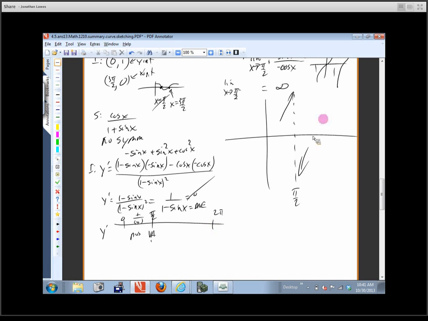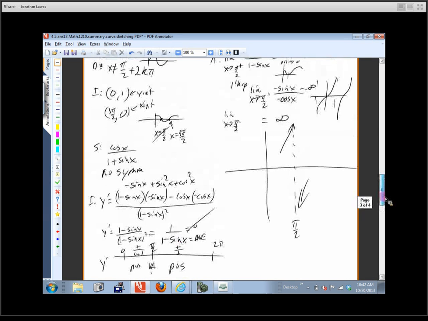What would we guess it is? If we plug in pi, I get positive on top, and sine of pi is 0, so I have positive on the bottom. So what do we know about this function? Always increasing. Okay?